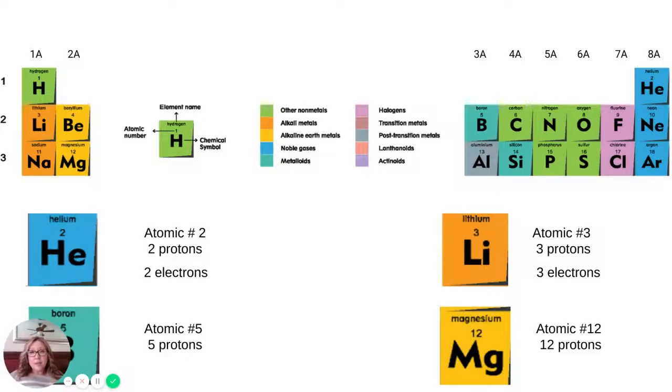So a lithium atom in its natural state will be electrically neutral. So if boron has 5 protons, which you can tell because it has an atomic number of 5, you can automatically conclude that it also has 5 electrons, which it does. And magnesium with 12 protons, 12 electrons. And that's true. So just by looking at the periodic table, you can tell how many protons and how many electrons an atom in its natural state will have.